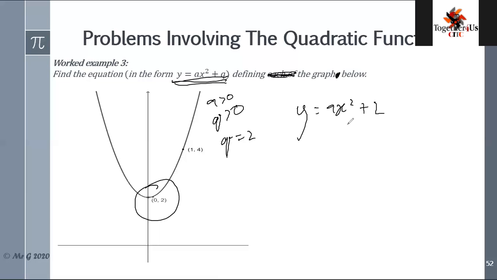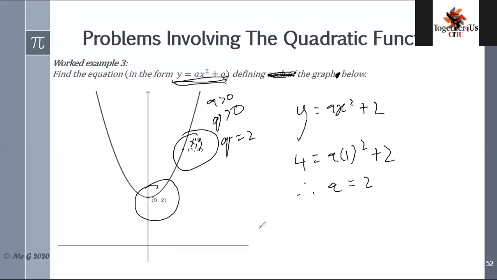But moving on, actually, I can use this point here. It's on the graph. It's part of the graph. So remember, this is x and that is y. So I can use this point, actually. I substitute for a 1 squared plus 2 to find a. And you agree with me that if you solve this, a clearly is equal to 2.